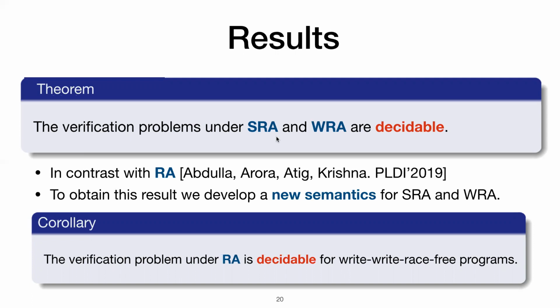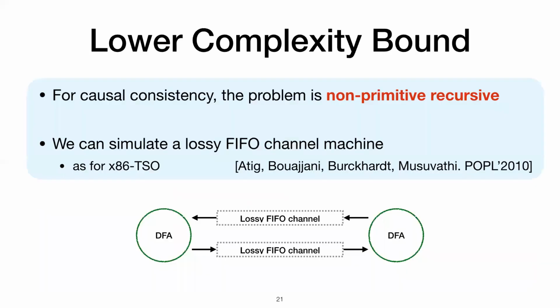Okay. So the first observation is that it is not going to be an easy problem from a complexity point of view. For all these causal consistency models, this verification problem is going to have non-primitive recursive complexity. And the idea is that it's not difficult to show that one can simulate a lossy FIFO channel machine using causal memory.